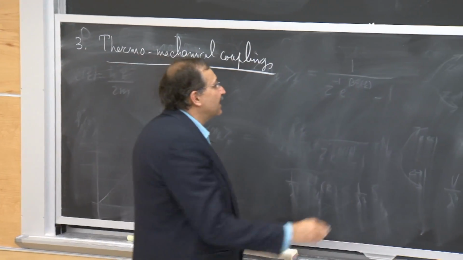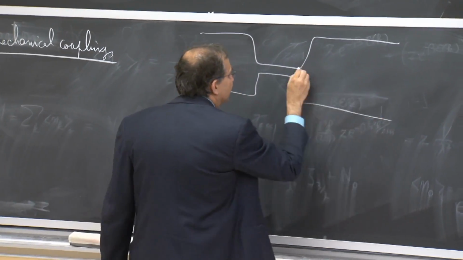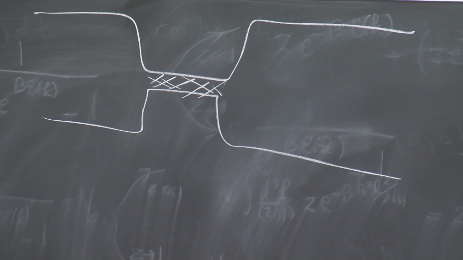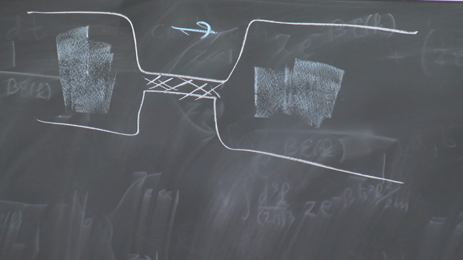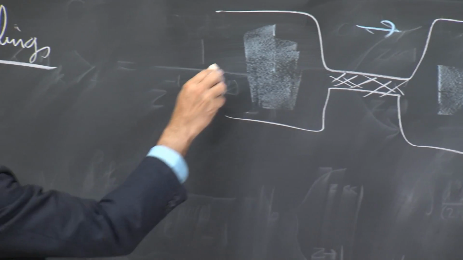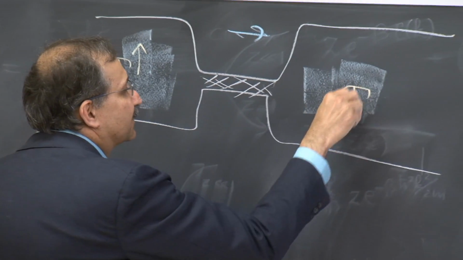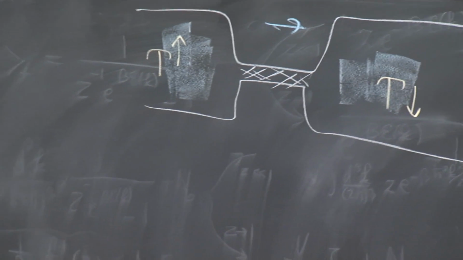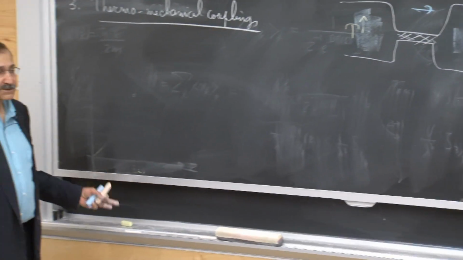What you find in this experiment, where the fluid spontaneously goes, let's say, from this side to this side, so the direction is like this, is that when you measure the temperatures, you'll find that the temperature of this one goes up and the temperature of this one goes down. So somehow the motion led to some temperature differences.